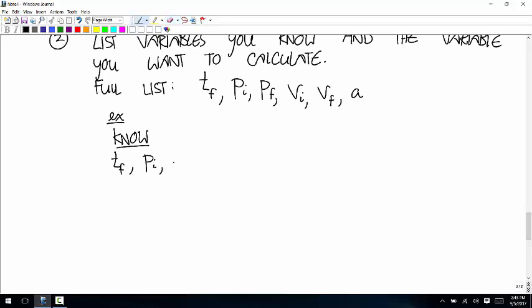And the final velocity and the acceleration, and let's say that you're trying to find the final position.